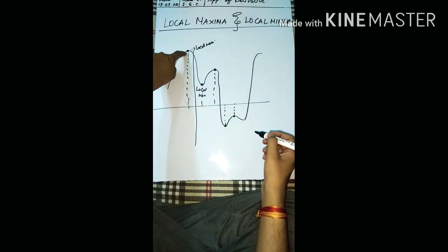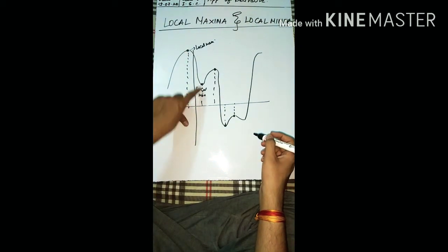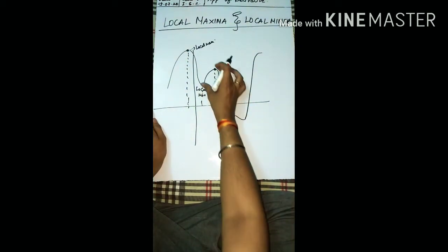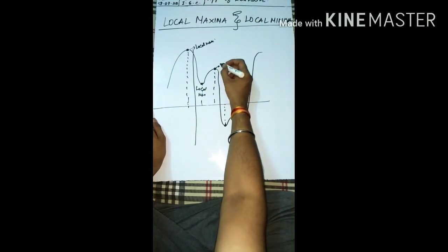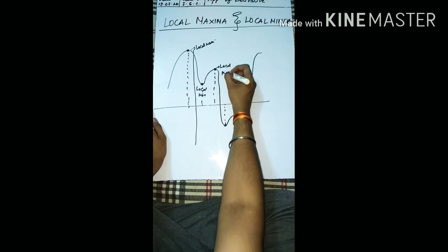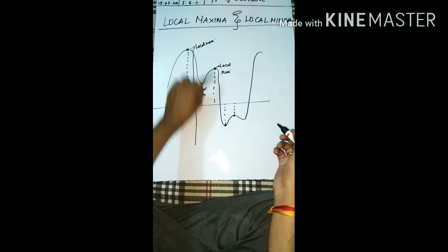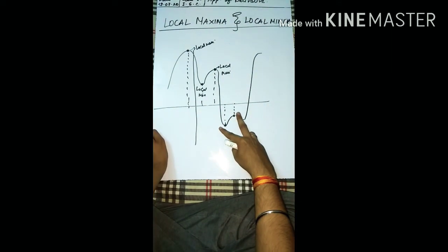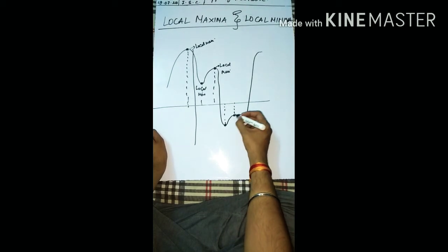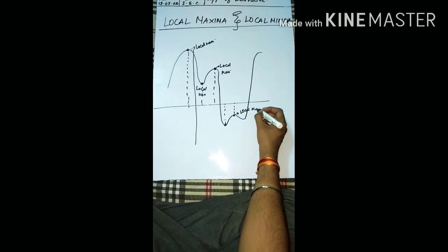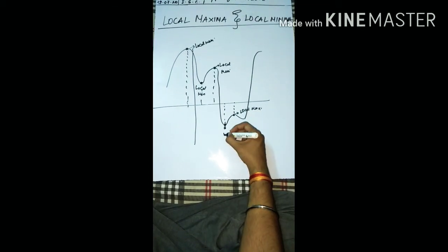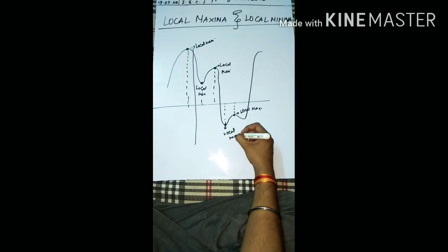So this is the local maxima and this is the local minima. Now if you compare these two, then if this is a local minima, then in comparison with this it is again a local maxima. And when you go down and see this wave, relative to the local maxima, this is a local minima.